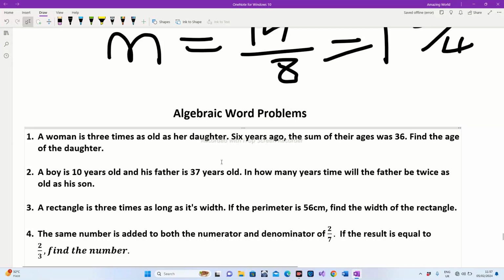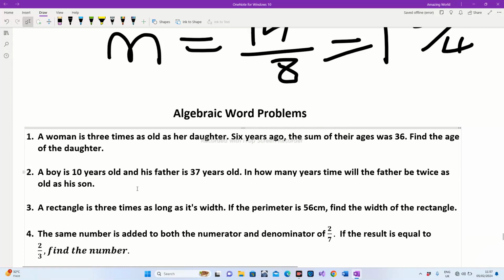Okay, so for the second question, we have something very similar but more tactical. This one says in question 2 that a boy is 10 years old and his father is 37 years old. In how many years' time will the father be twice as old as his son? Remember, whatever we don't know in algebra, let us call it x.